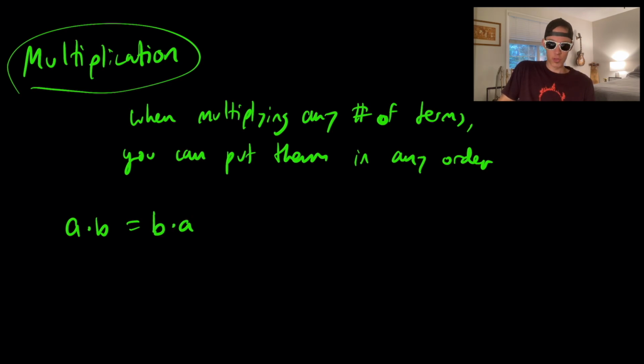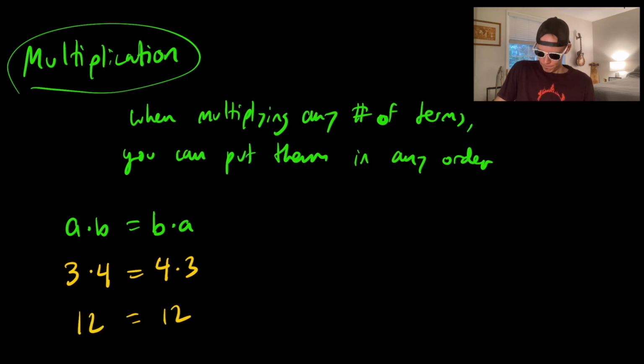Plug in some numbers to prove it to yourself. If you did 3 times 4, and then on the other side did 4 times 3, we're getting 12 in both cases. Add another term. Let's say we did A times B times C. And remember, you don't need to write that little dot in between our variables here.